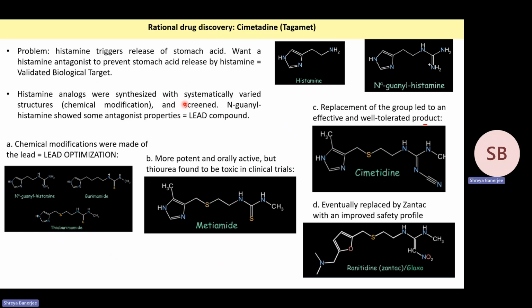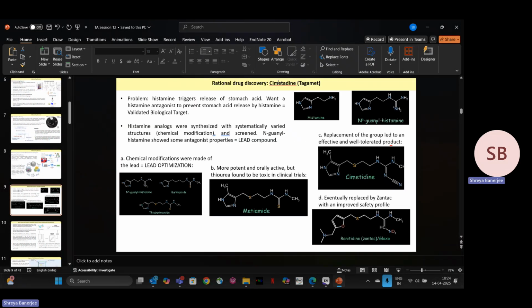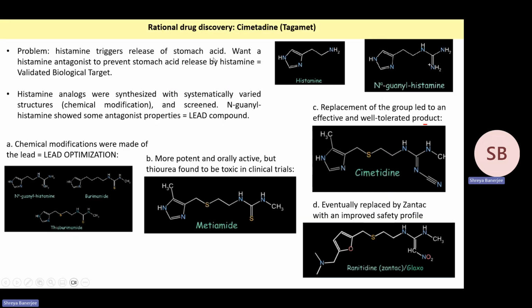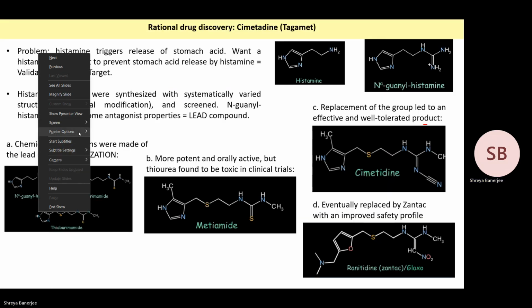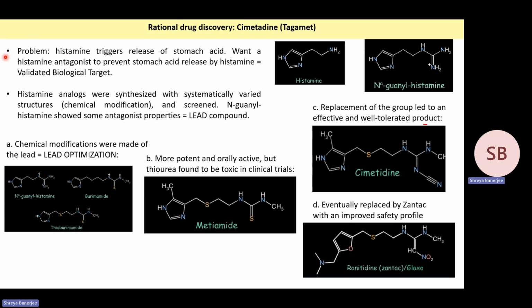Now we look at a rational drug discovery example, the drug molecule cimetidine, also known as Tagamet. So the problem was that histamine triggers a release of stomach acid.